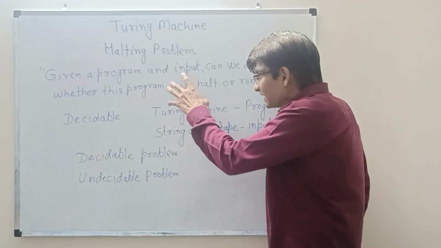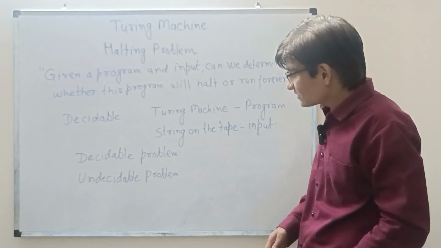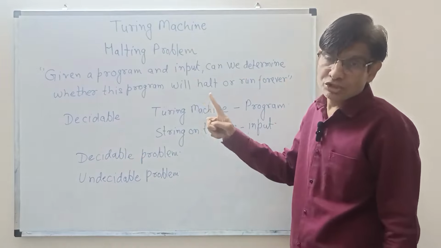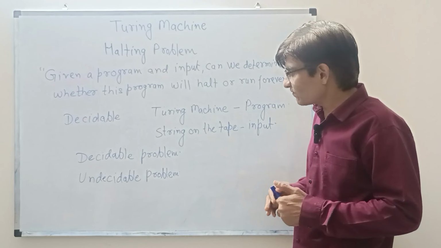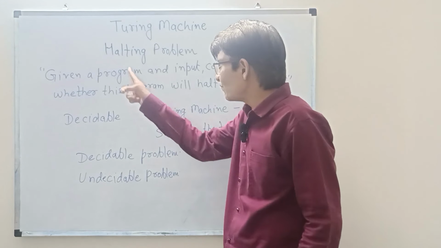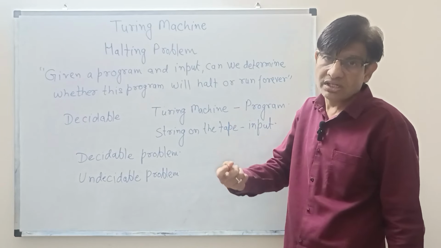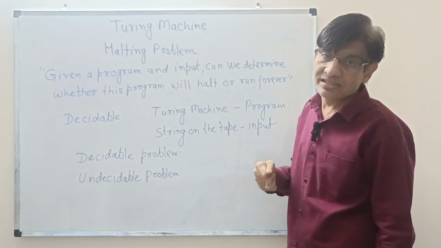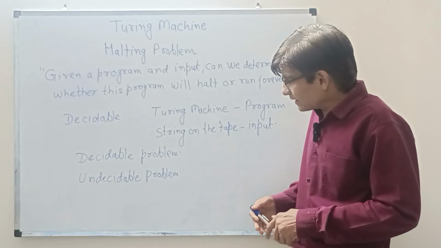And why is this halting problem so important? Because it helps us to determine the limit of computation. With the help of the halting problem, or you can say with an example of the halting problem, we can determine the limit of computation.